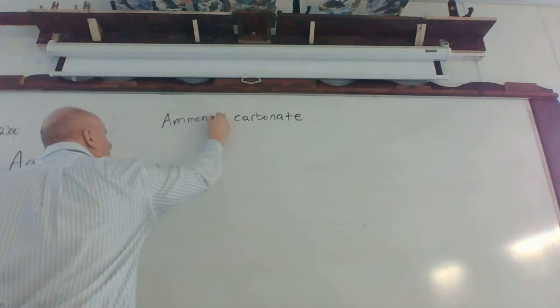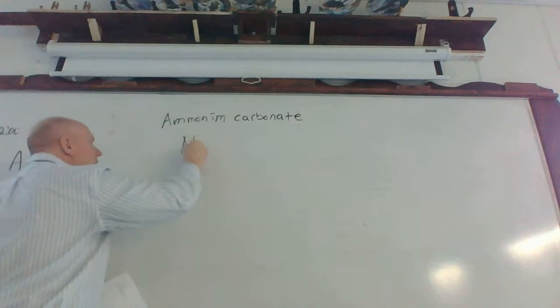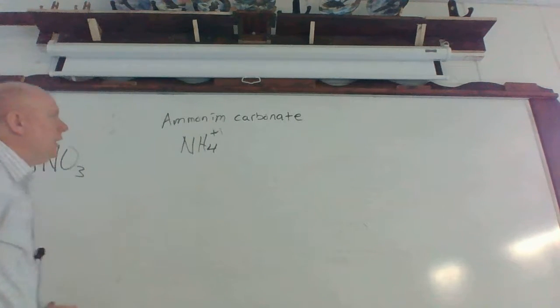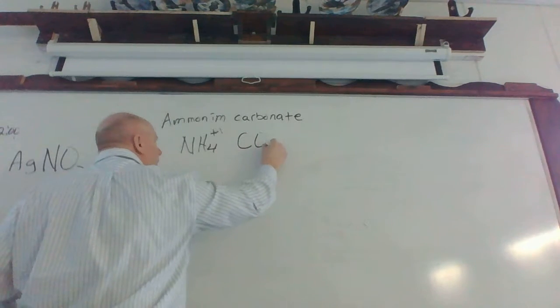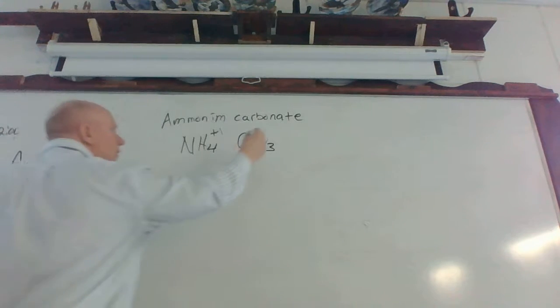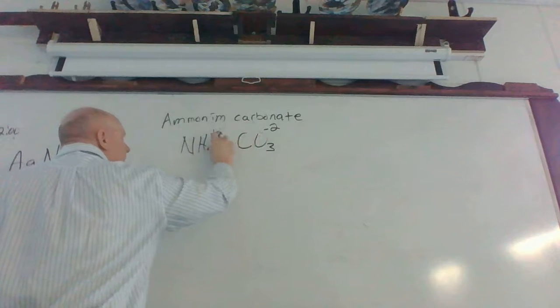The formula for the ammonium ion is NH4. It has a +1 charge. And the carbonate ion we know is CO3. We always said go by your negative ions, which this is -2. Those charges do not add up to 0.